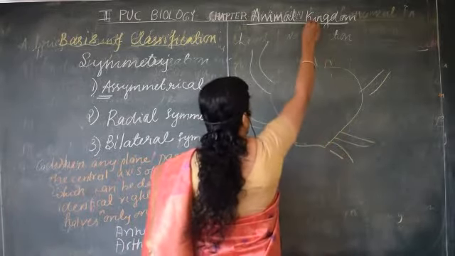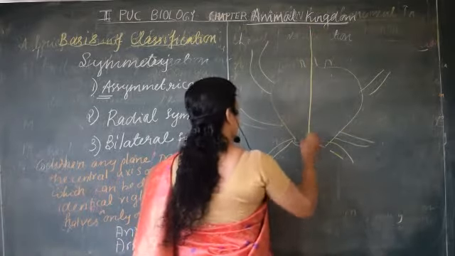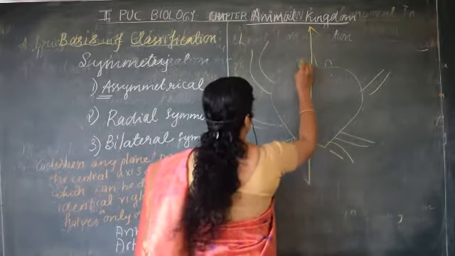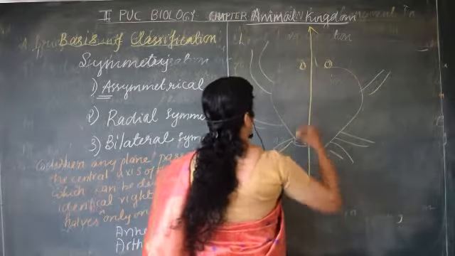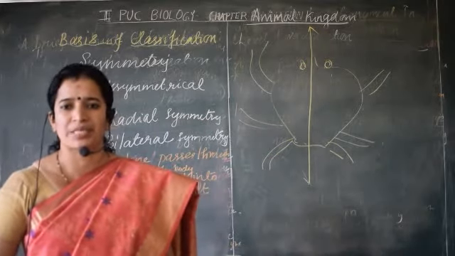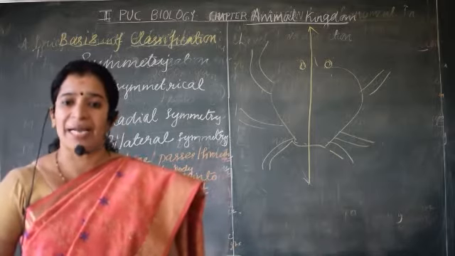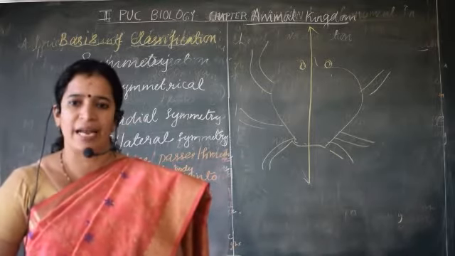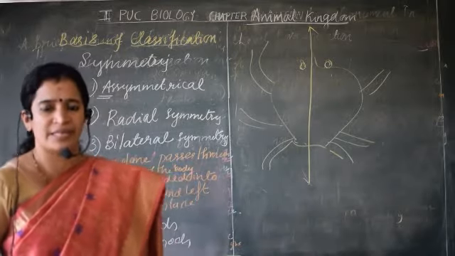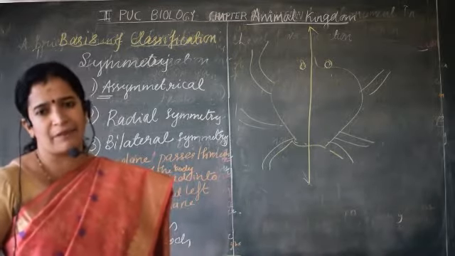Now when any plane passes through the center of the body, it divides the animal into equal right and equal left halves. If any plane passes through the central axis of their body, it divides their body into identical left and right halves. That means whatever structure is there in the right half has to be seen in the left half also.